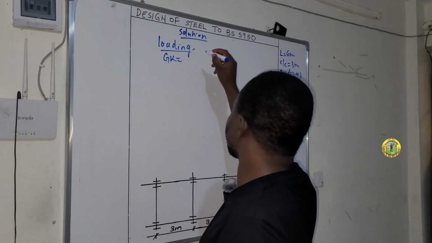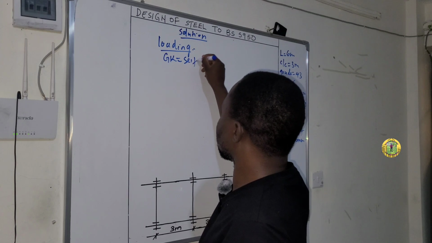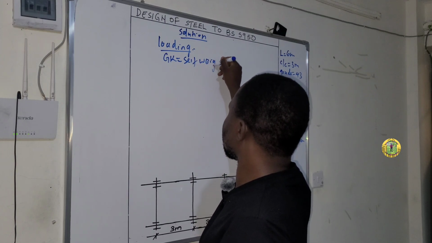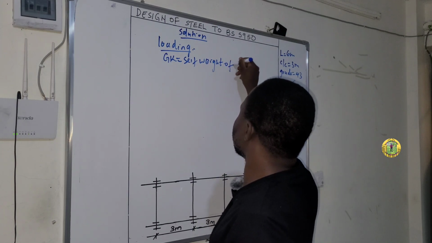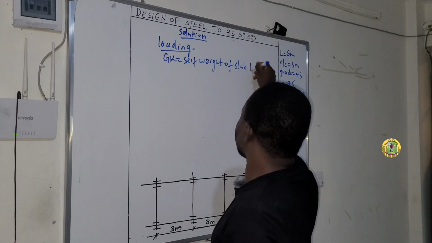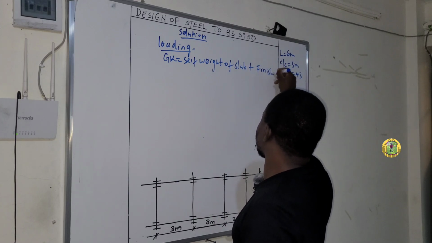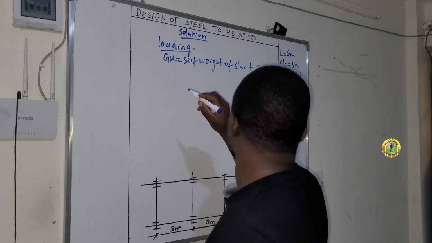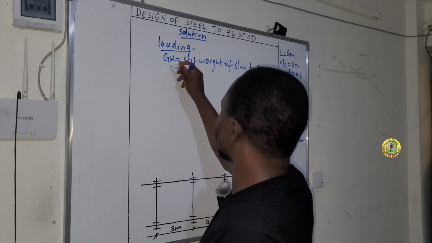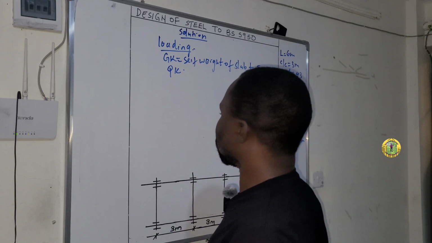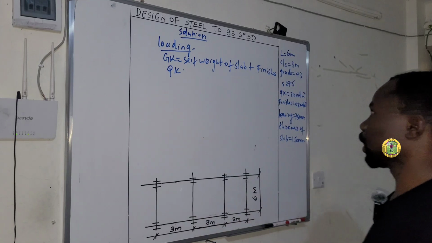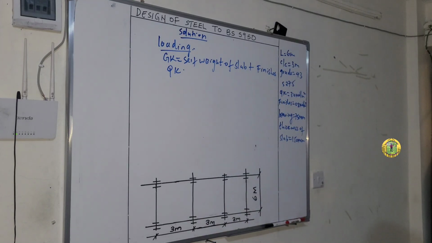So GK is equal to self-weight of slab plus finishes. And then we'll calculate the imposed load, which is QK. So let's now start with the GK, which is the self-weight of the slab.